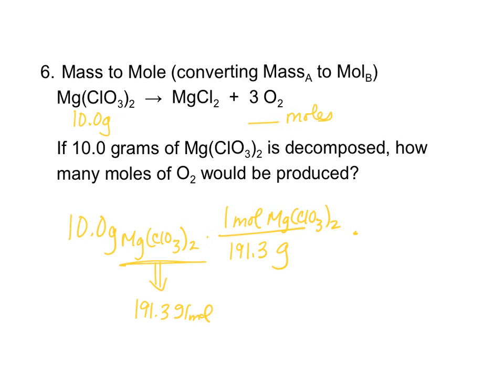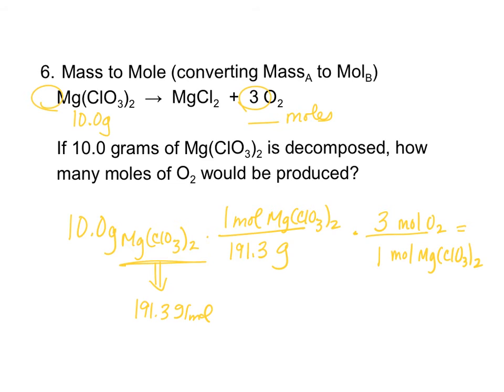And then our final step would be to go to moles of oxygen. So moles of magnesium chlorate would be on the bottom. Moles of oxygen would be on the top. And then we just look at our balanced equation. What numbers are out in front? Well, there's a 1 and a 3. So that's our mole ratio, 1 mole of magnesium chlorate to 3 moles of oxygen.